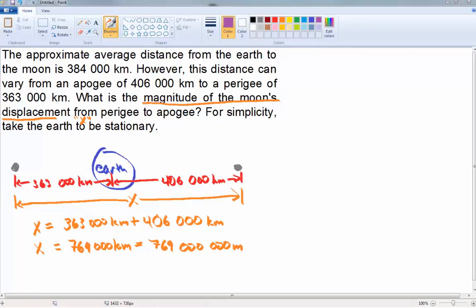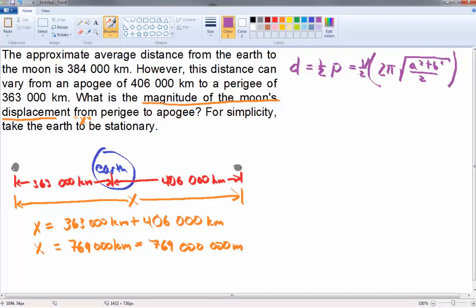So in this problem, we're going to use the formula that the distance traveled is 1/2 of the perimeter, which means that it is 1/2 of 2 pi square root of (a squared plus b squared) over 2. So you can see that there is a half here and there's a 2 here, so there's a little bit of cancellation.